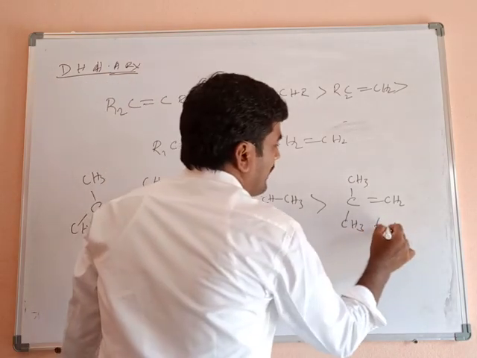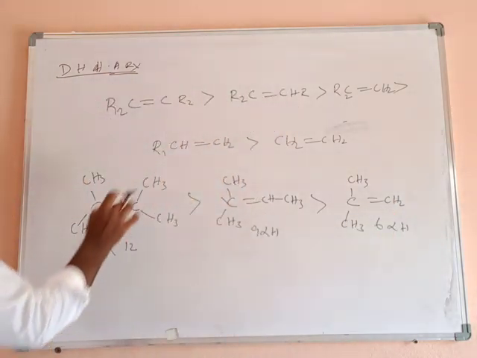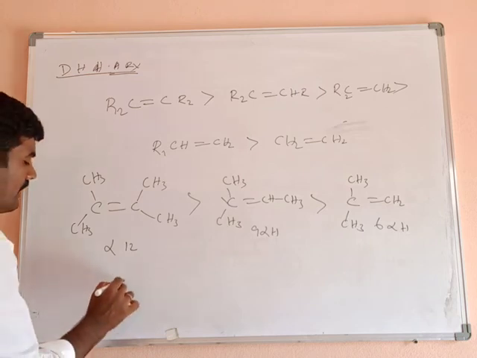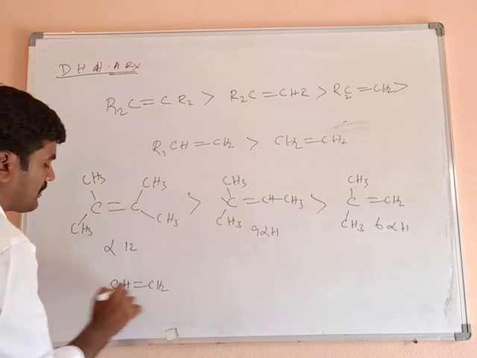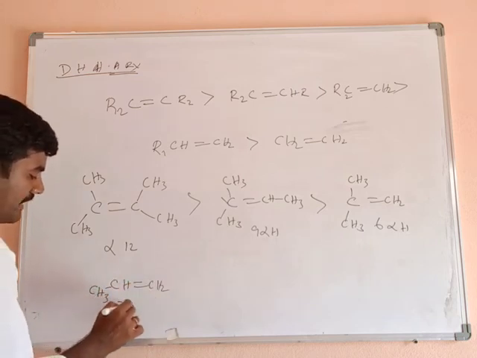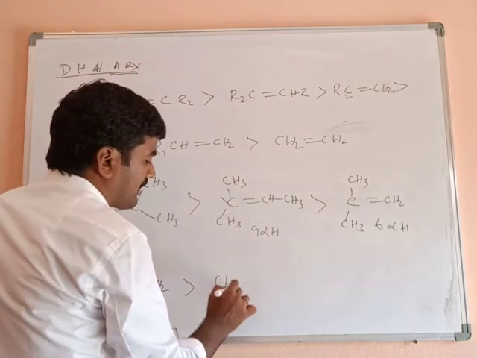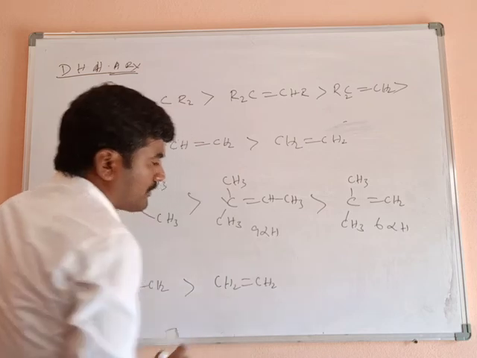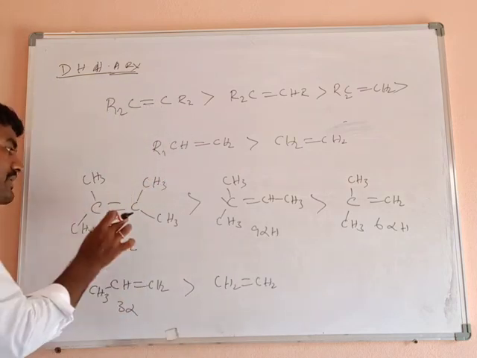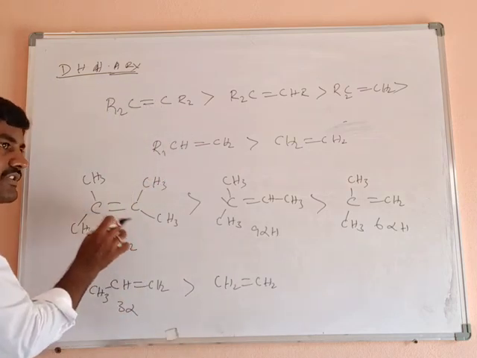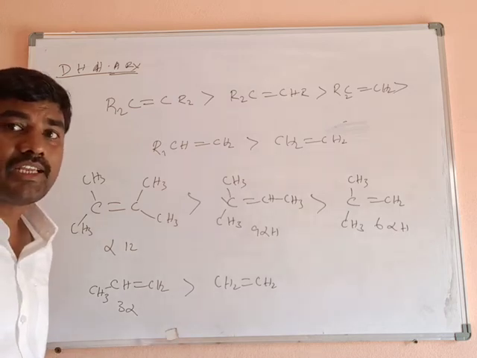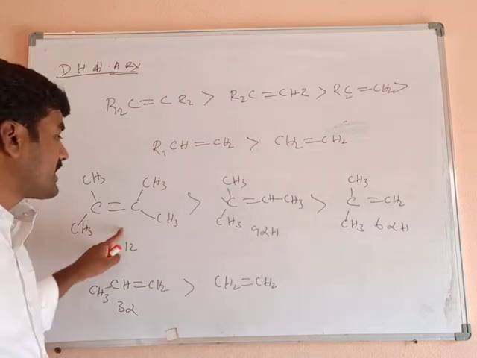What about this? CH double bond CH2, single bond CH3. 3 alpha hydrogens are there. What about this? 0 alpha hydrogens are there. So the rate of formation of the compound with 12 alpha hydrogens is very fast because the stability of the alkene is greater here.